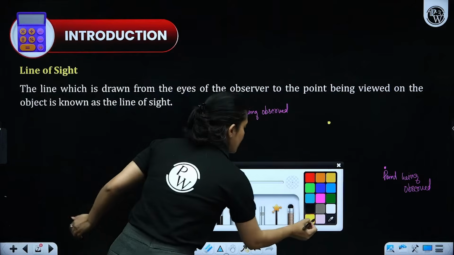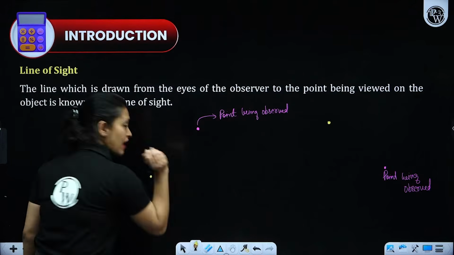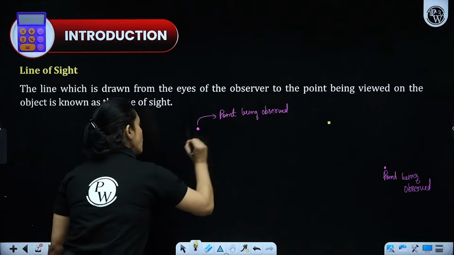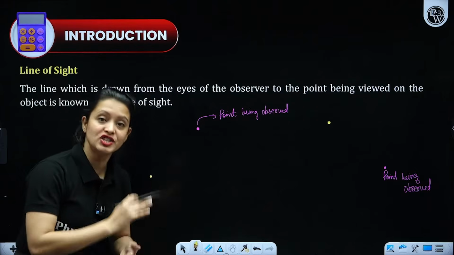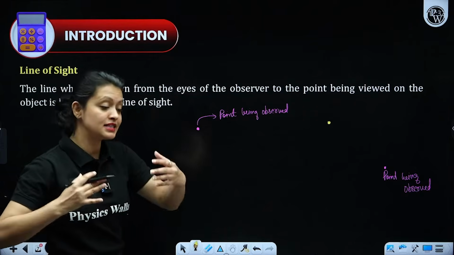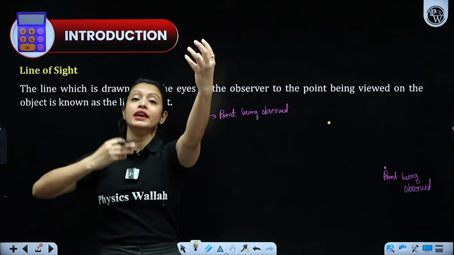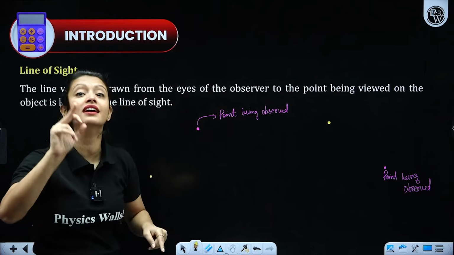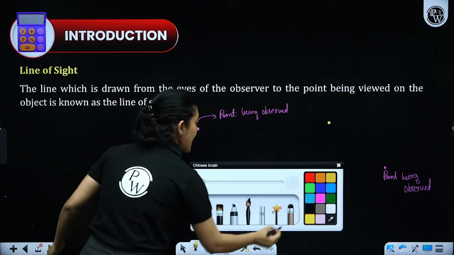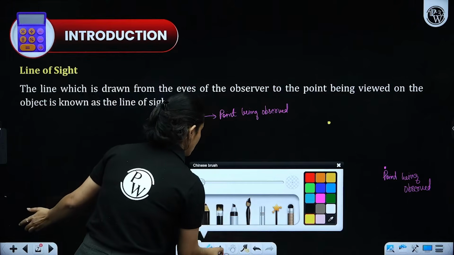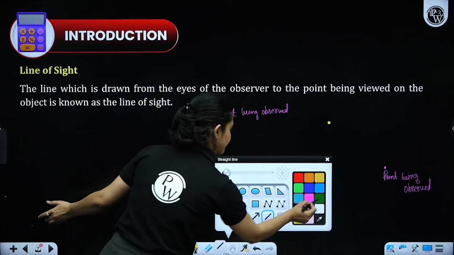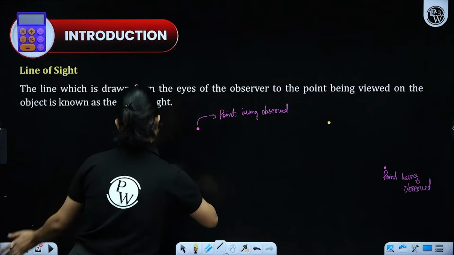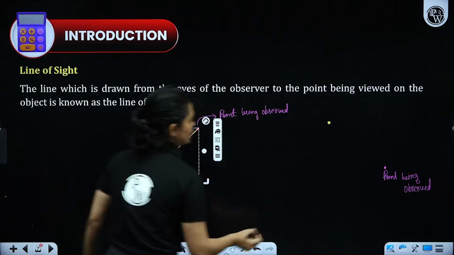Now, if I join both these points, the point of observation with the point being observed, that means the things I am observing and the place from where I am observing are joined, then I get the line of sight. So let's quickly make the line of sight.